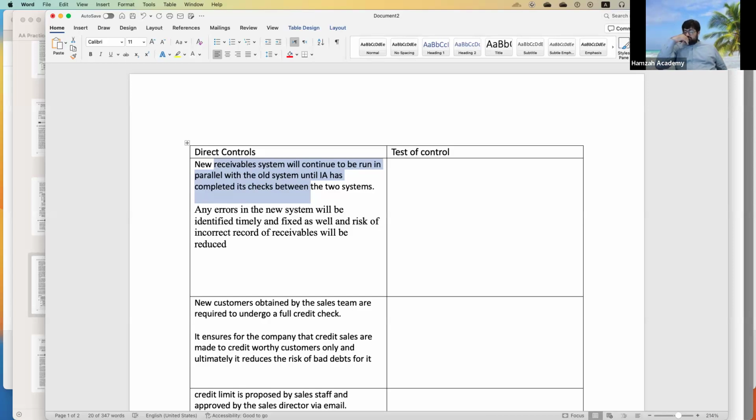Now, how do we see whether it is happening, what the internal auditor is doing? They have completed the checks or not.